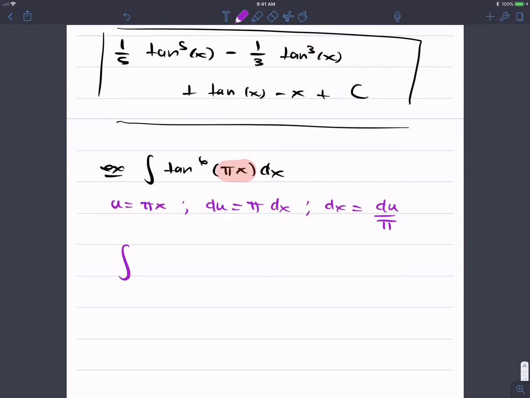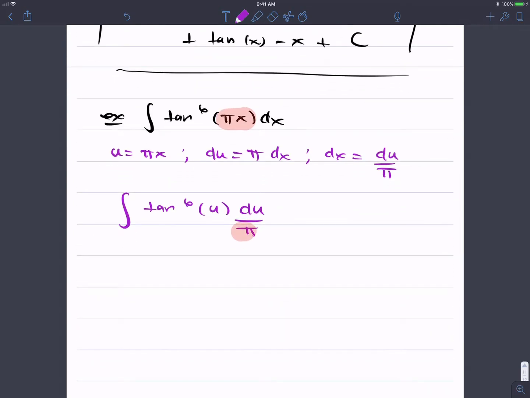So my u sub gives me tangent to the 6th power of u du over the constant pi. And we're going to pull out this constant pi, and we end up with 1/6 integral tangent to the 6th power of u du. This is by our u sub approach.